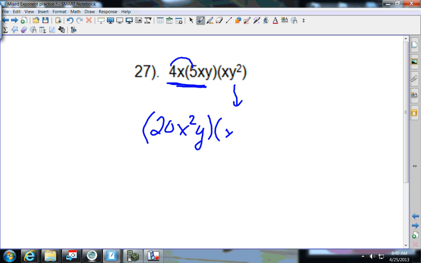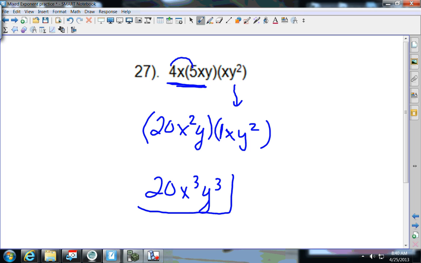And you get x, x y squared. Okay, so on this one, 20 still stays here because there's a 1 in front of here. So 1 times 20 is 20. I have 2 x's and 1 x. That's x to the 3rd power. 1 y and 2 y's, y to the 3rd power. That is your answer. 20x cubed y cubed.